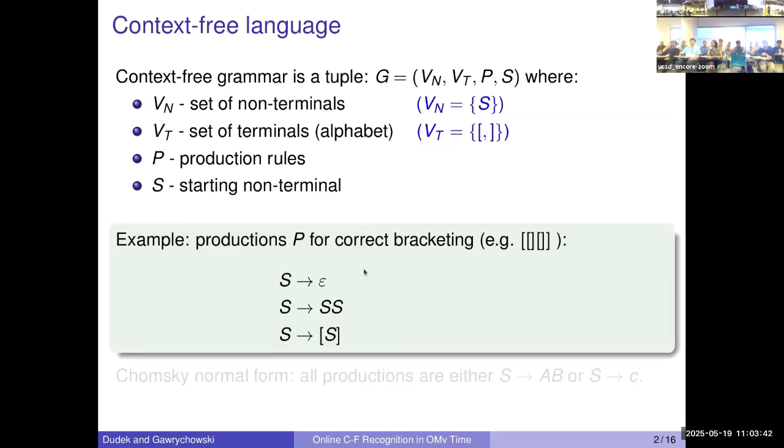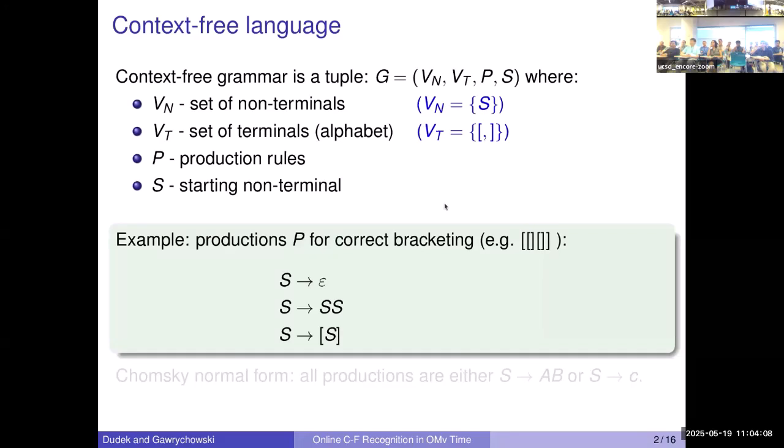A sequence of brackets is correct if it is either empty, or composed of two correct bracketing sequences, or there are two brackets enclosing some smaller bracketing sequence. This is the whole set of productions for correct bracketing. Here we have only one non-terminal S and terminals that are these brackets.